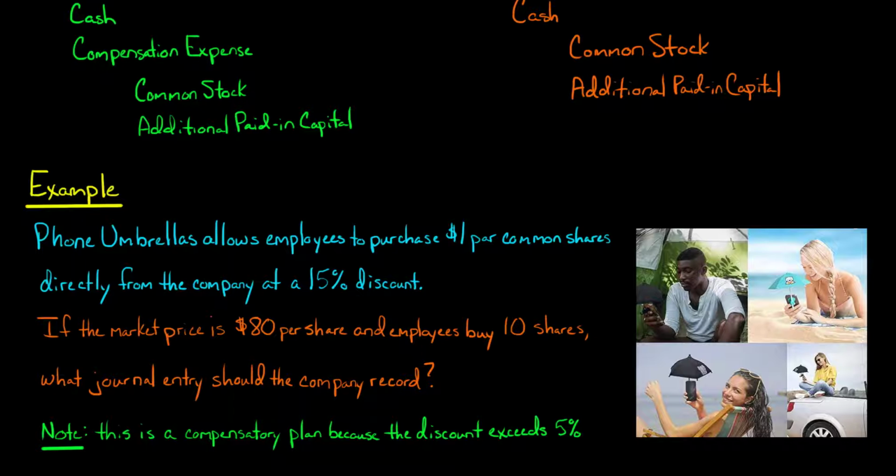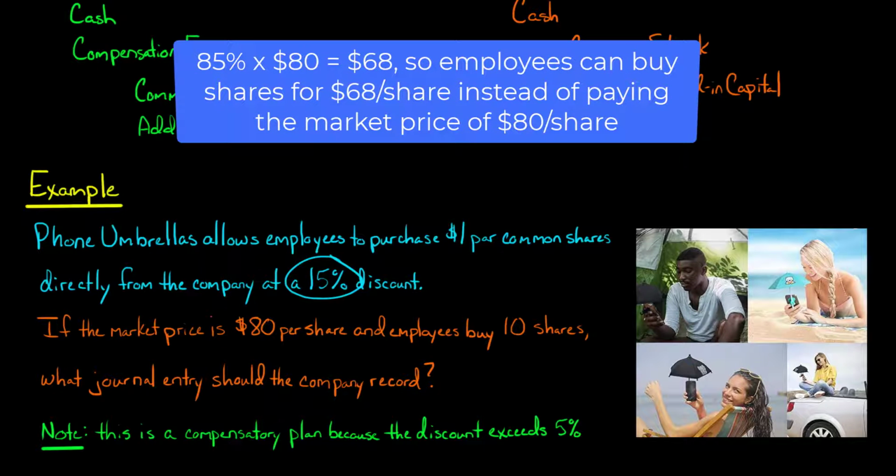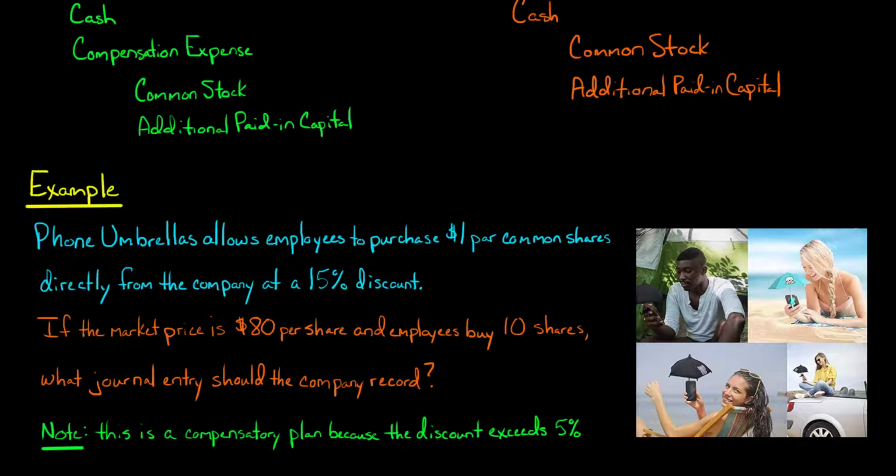They would only have to pay 85%, which is 100% minus 15%. They'd pay 85% of the $80 share price, and then the remaining amount is the discount that the company is going to record as compensation expense, because we've got a 15% discount. It's higher than that 5% I mentioned for a non-compensatory plan.